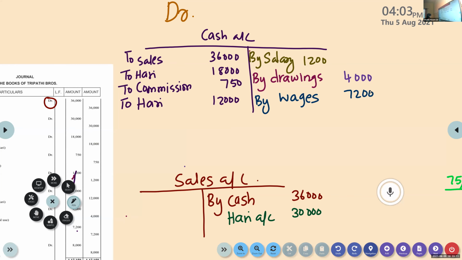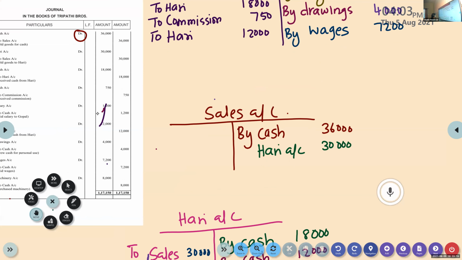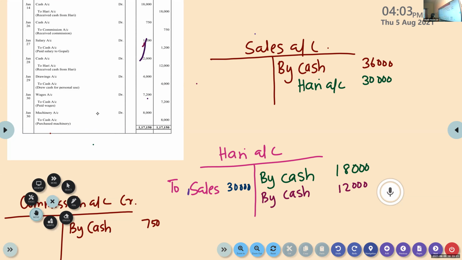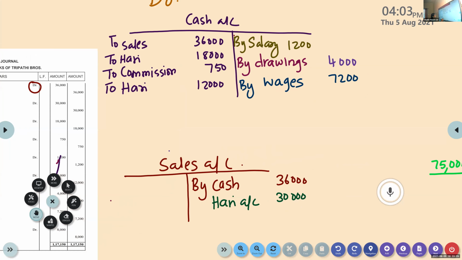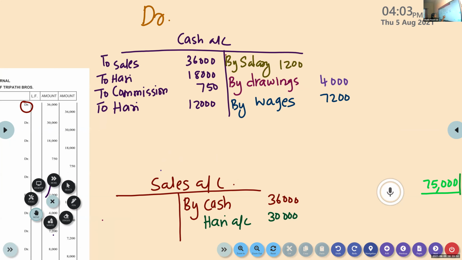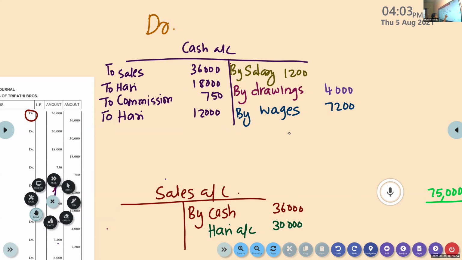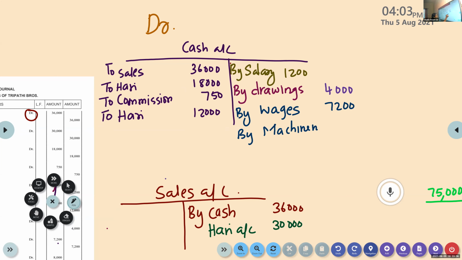Now the next one, the last one, machinery account debtor to cash. Come to cash account. So in the cash account, we will write by machinery on the credit side of cash. What is the amount? 8,000.